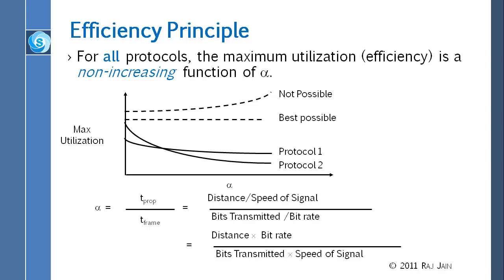So this is why we call it distance bandwidth product. Whenever you have a large distance bandwidth product, you have large alpha. It doesn't matter whether the distance is large or the bandwidth is large. It's the product that matters.